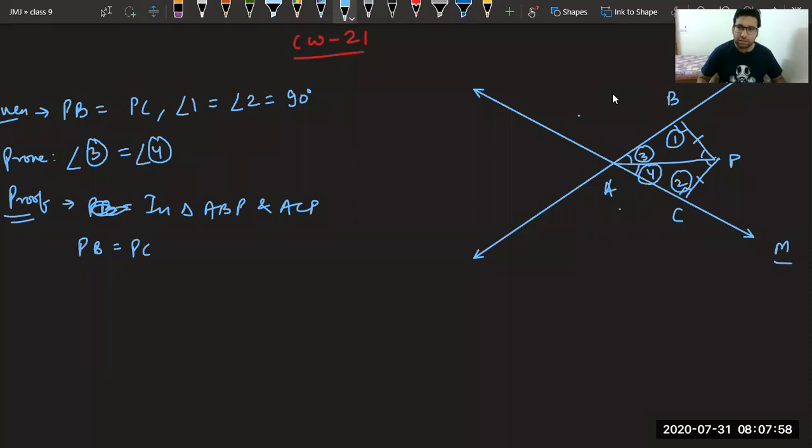Second thing, this angle 1 is equal to angle 2, both 90 degree. This was given. And the third thing which is not given to us, very simple, PA equal to PA or AP equal to AP, both the same things. AP is equal to AP, common.